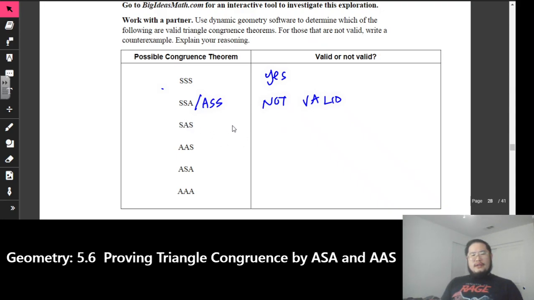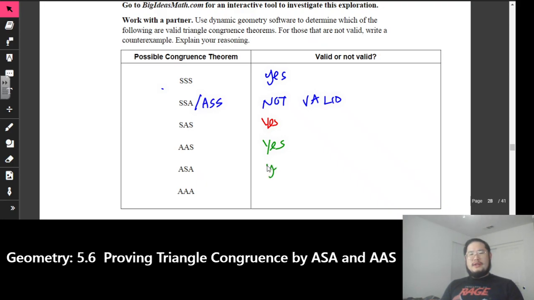The first one we learned, coming up next, side, angle, side, that is a valid triangle congruence theorem. And then we have angle, angle, side, AAS. Well, that's what today's lesson is about. So hopefully that tells you that that is valid and it makes sense. We've got ourselves angle, side, angle.